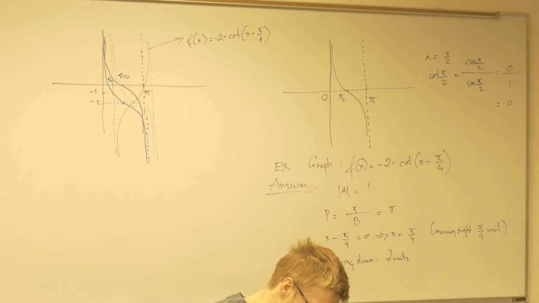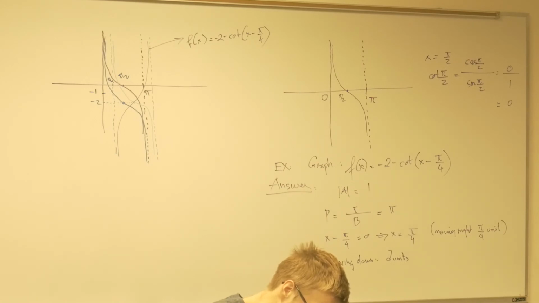Why is the parent function not between negative pi over 2 and pi over 2?